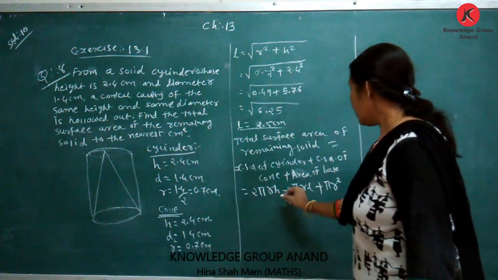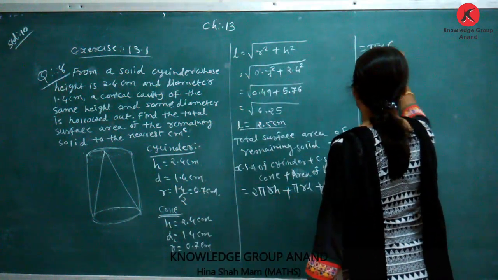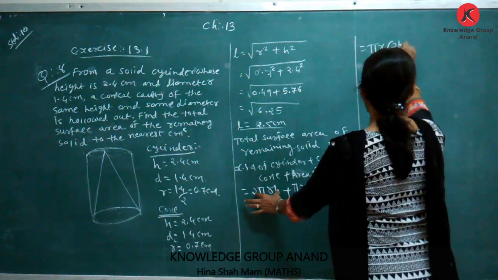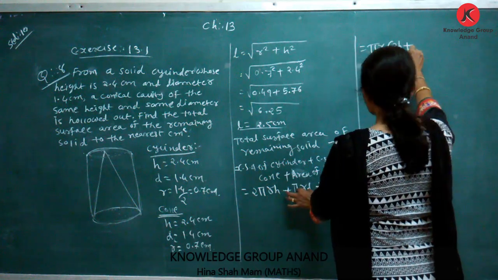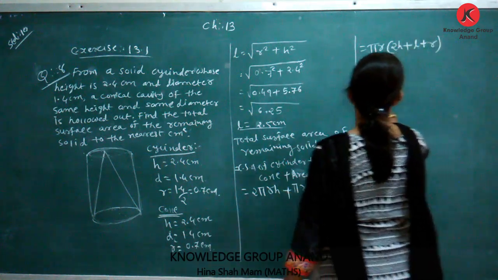Here in calculation, what is the common part? Pi R. Then we write pi R times 2h plus L plus R.